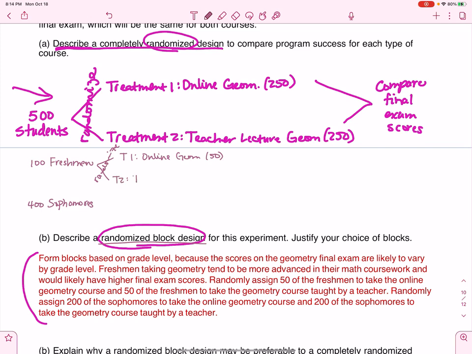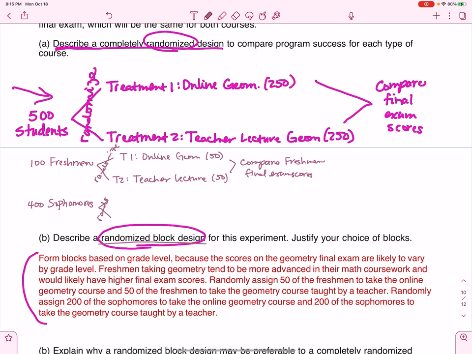And in treatment 2, teacher lecture, I'm going to put 50 of them here, and I'm going to compare freshman final exam scores. All right, I will do the exact same thing for sophomores.